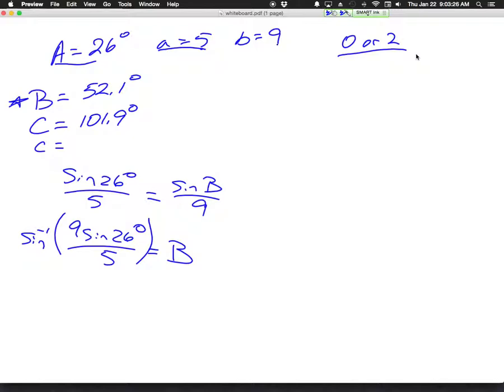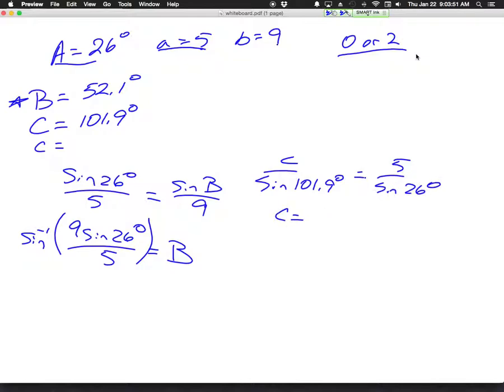All right, so set it up for me to find side C, please. C over sine of C, 5 over sine of 26.